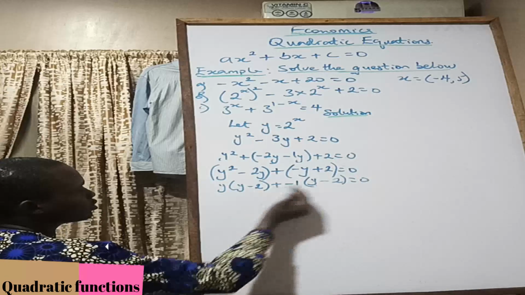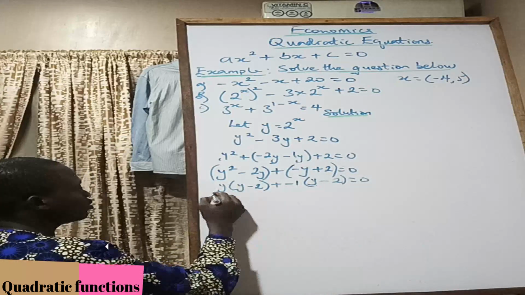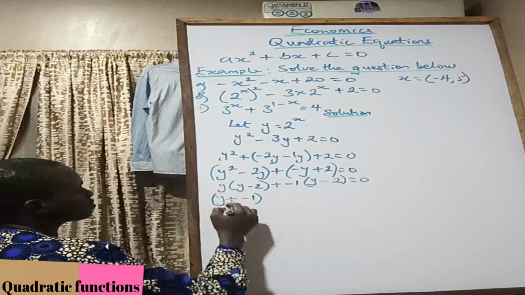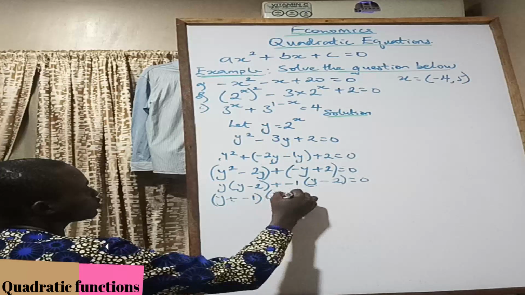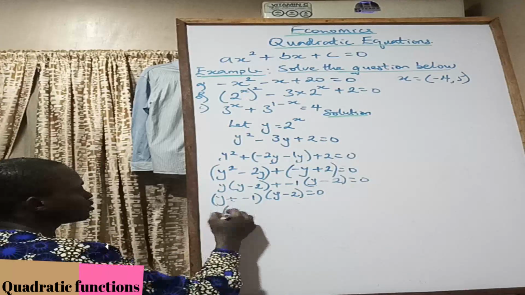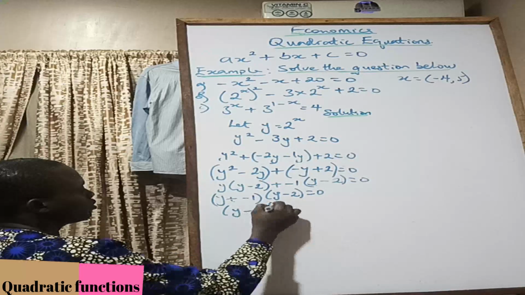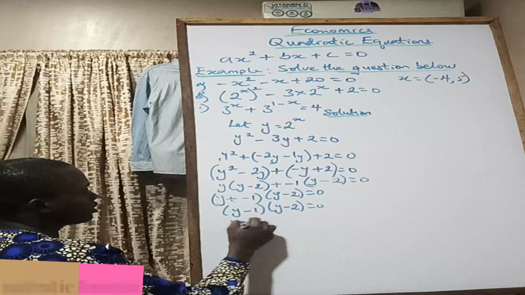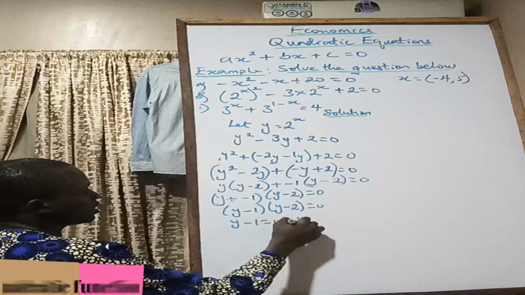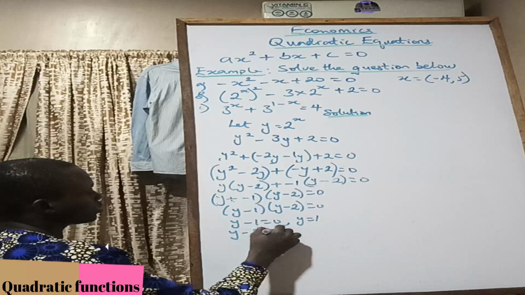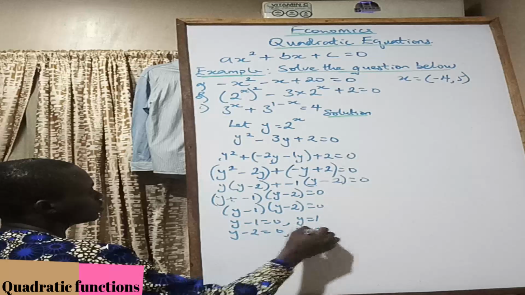So I have y minus 2 here, y minus 2 here. So that's good. So y plus minus 1, y plus minus 1, then y minus 2 equals 0. That's y minus 1 times y minus 2 equals 0. So from here, y minus 1 equals 0, y equals 1; y minus 2 equals 0, y equals 2.